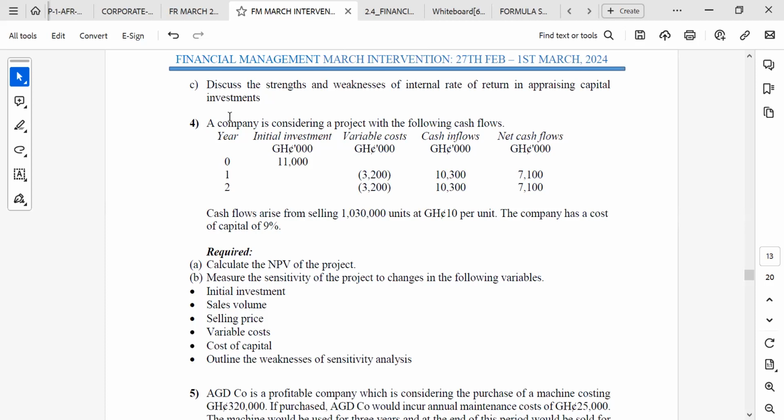Sensitivity analysis answers the question, what if this thing happened? If the variable cost increases by this amount, what will be the effect on the projected NPV? That's what we call sensitivity analysis.